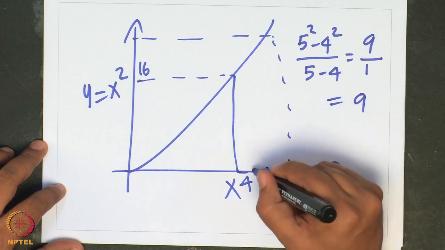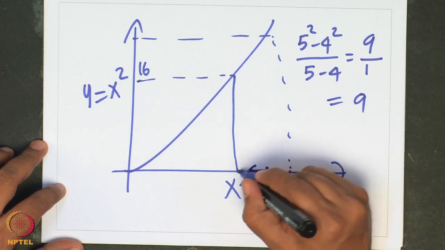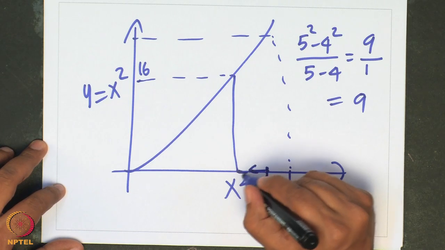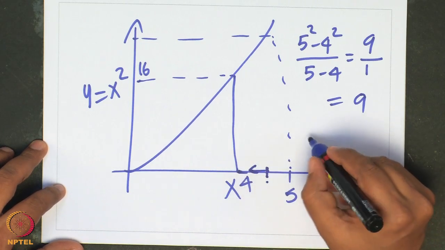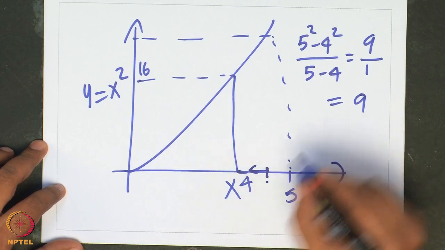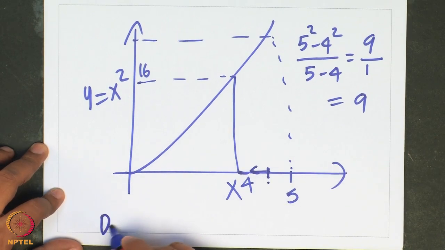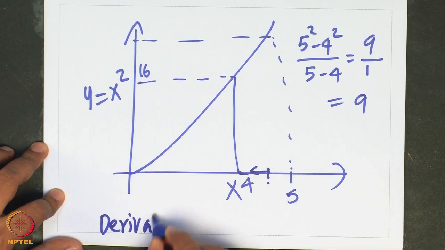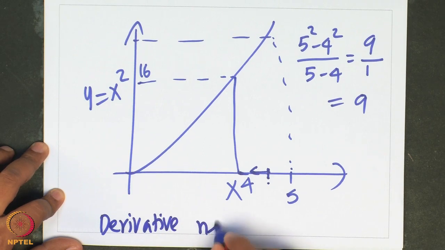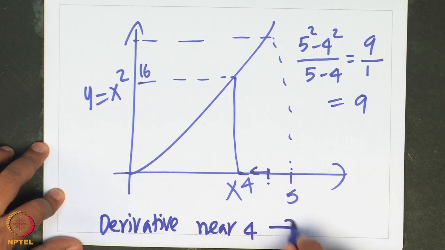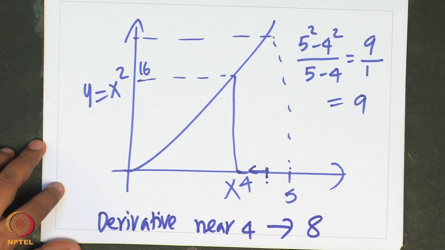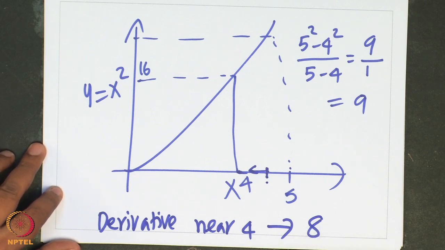And as we come closer and closer to 4, as delta x becomes smaller and smaller, you will get the derivative near 4. The slope near 4 will be 8. As delta x tends to small, it will approach 8.